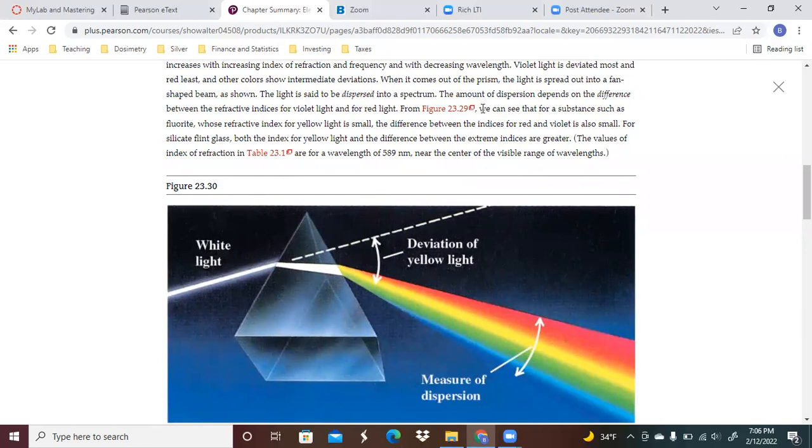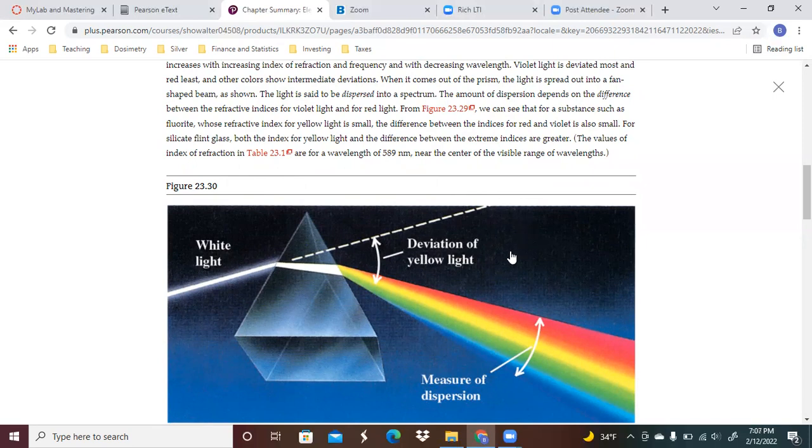The amount of dispersion depends on the difference between the refractive indices for violet light and for red light. So we can see in the picture above, for a substance such as fluorite, whose refractive index for yellow light is small, the difference between the indices for red and violet is also small.